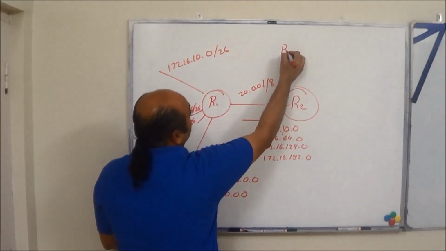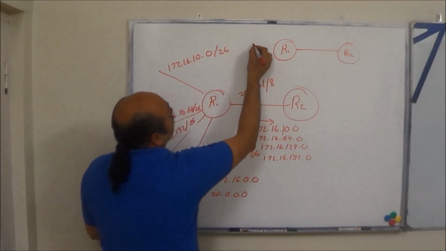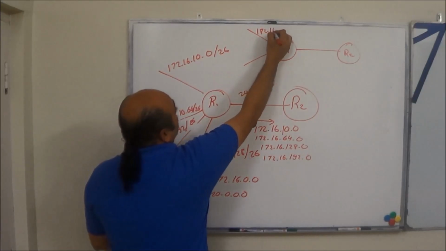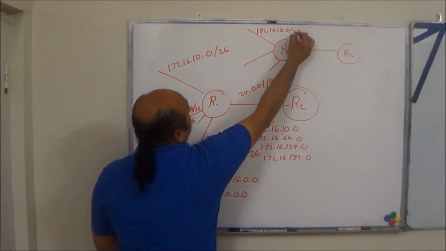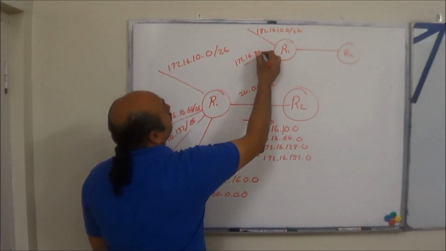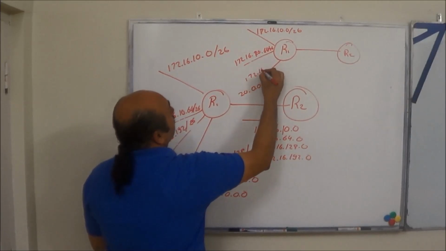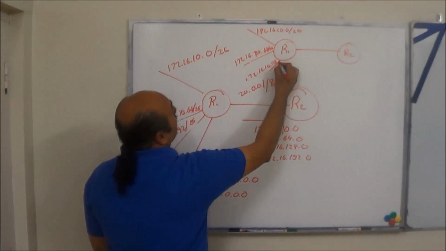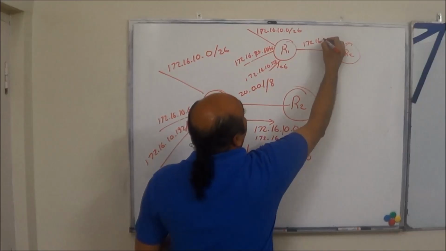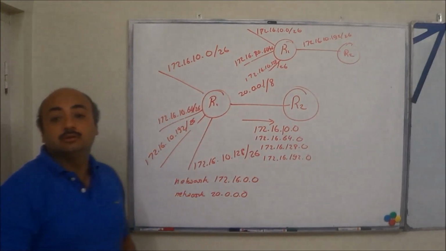Previously, what we had was 172.16.10.0/26, 172.16.10.64/26, 172.16.10.128/26, and 172.16.10.192/26 network. Correct?